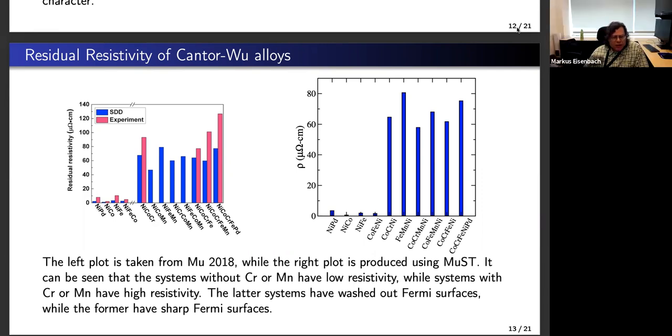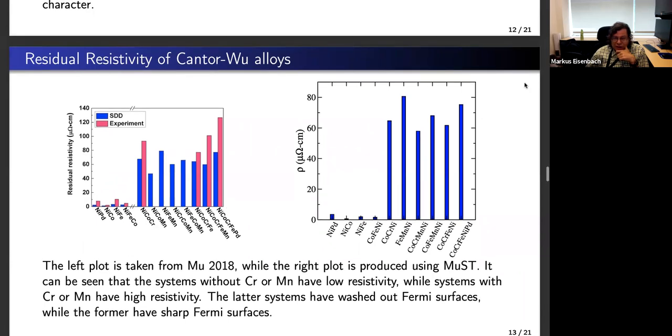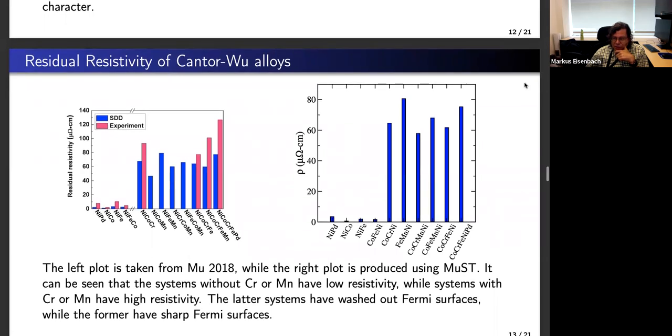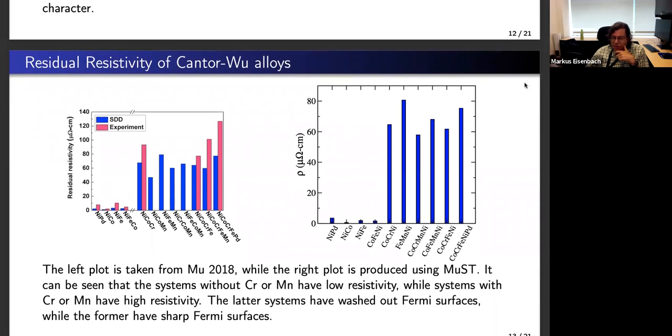So my question here also would be, is the CPA calculation actually capable of capturing the magnetic order correctly, especially in systems where you have antiferromagnetic coupling?